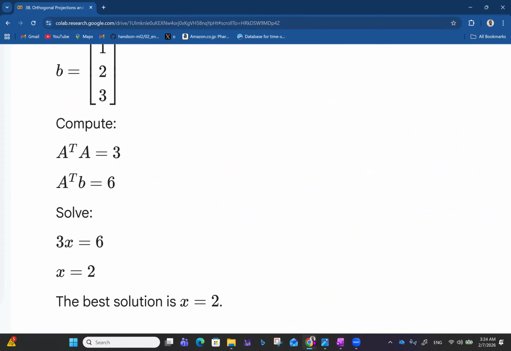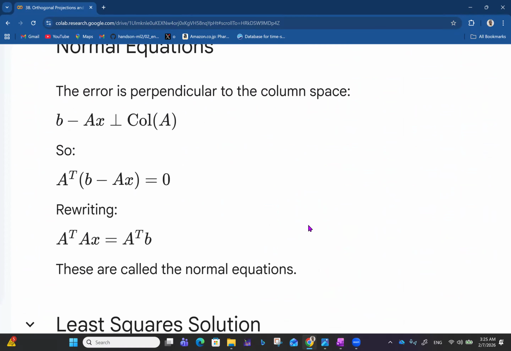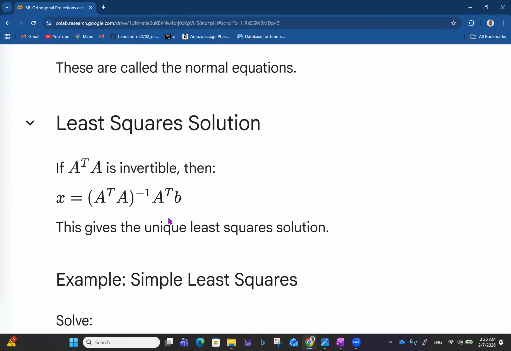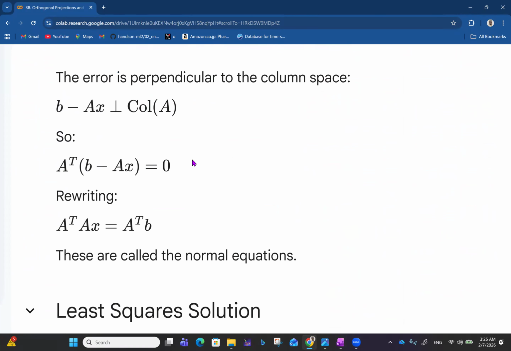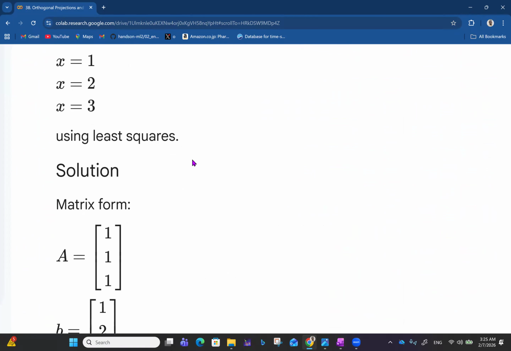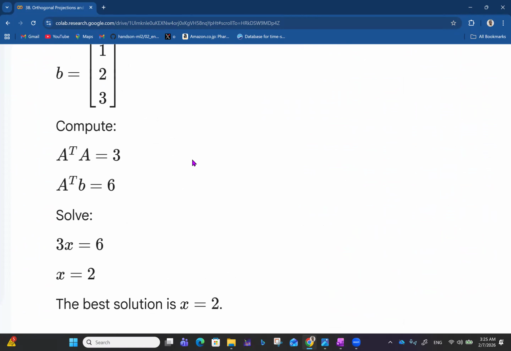It's just about getting the algorithm in order. If you remember this, since we are looking for X at the end of the day, then once you have a system that cannot be solved, for instance this simple one where X is 1, X is 2, X is 3 makes no sense, you can just find a way to work around it.